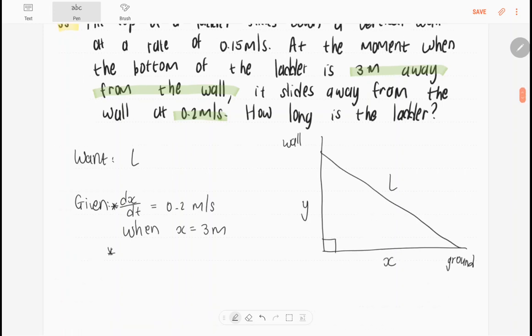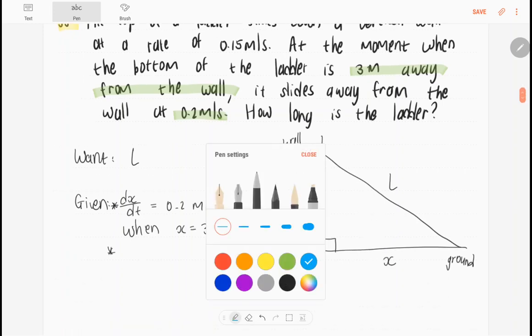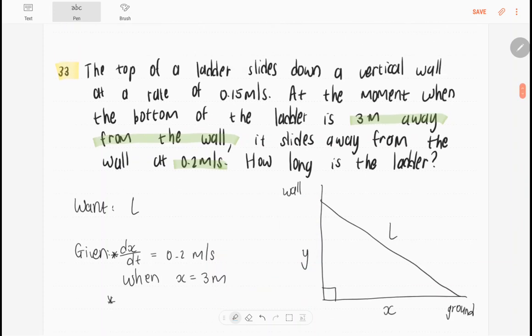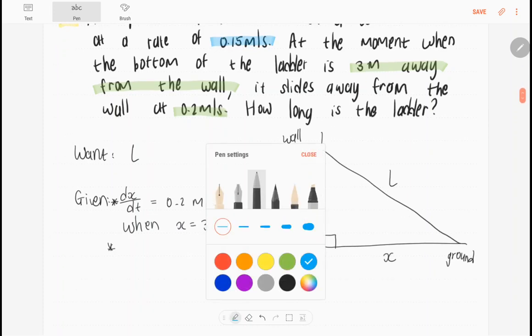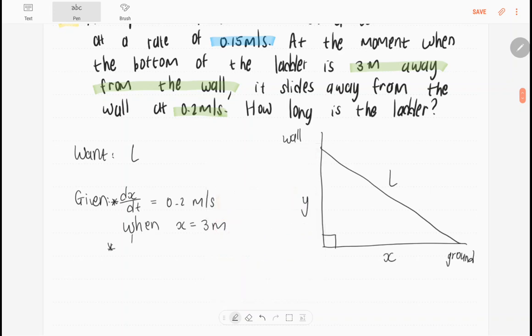And the second thing they tell us is that the top of the ladder slides down a vertical wall at a rate of 0.15 meters per second. So that means that dy/dt is minus 0.15 meters per second. Why minus? Because y, that distance of y, is decreasing. It's sliding down the wall. So that's why we have a negative.